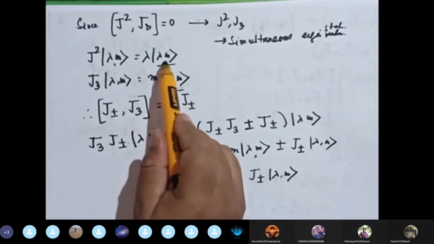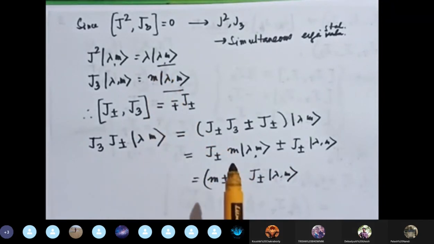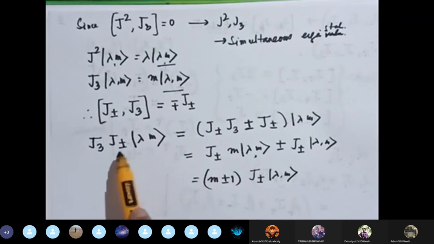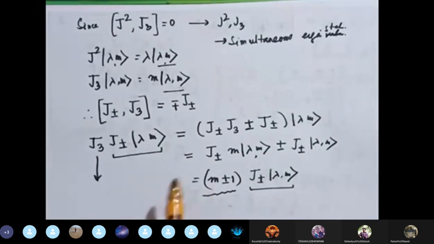So this eigenstate lambda m is not an eigenstate of J plus minus, but J plus minus of this is an eigenstate of J3 with eigenvalue m plus minus 1. Clear?